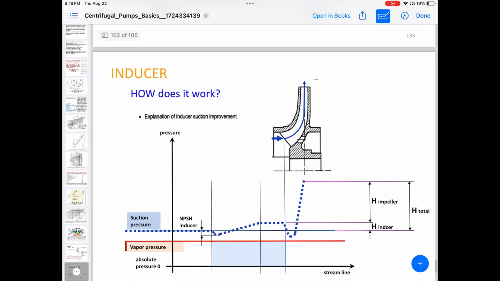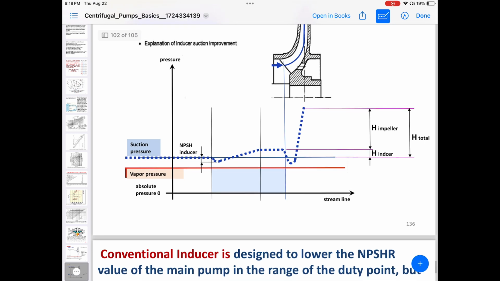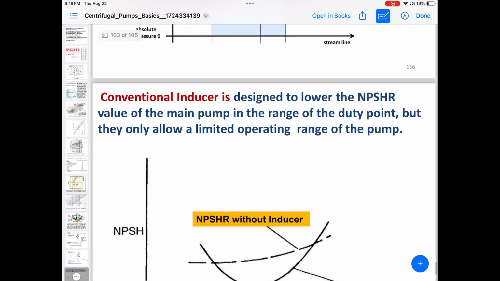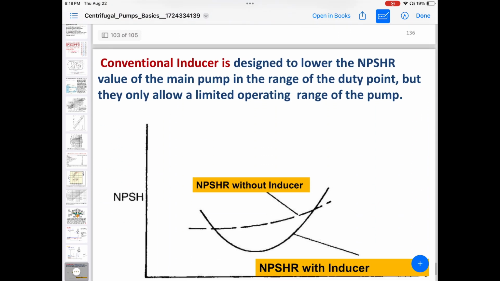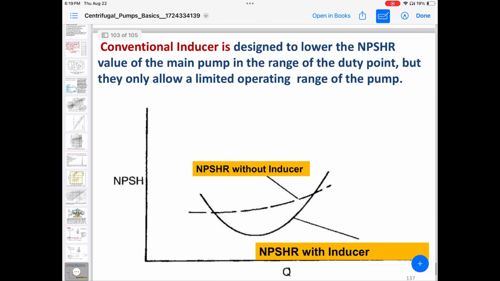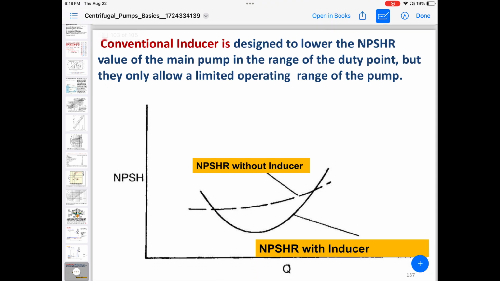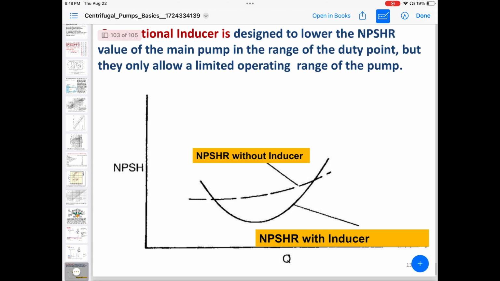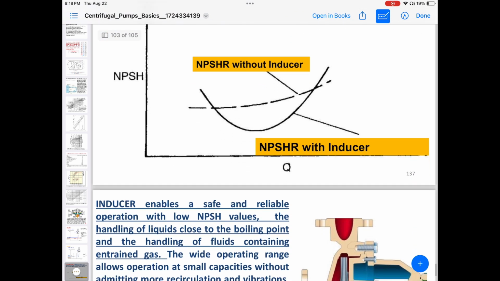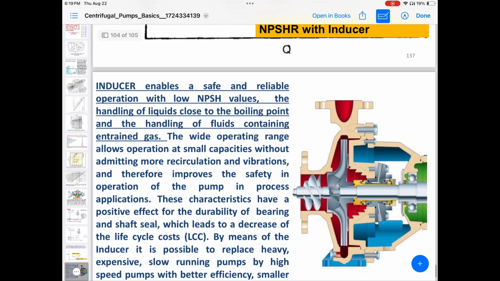This impeller for the inducer is most commonly used for pumps. For reducing cavitation, the inducer is designed for lower NPSH values of the main pump range. The inducer enables safe and reliable operation with low NPSH values.